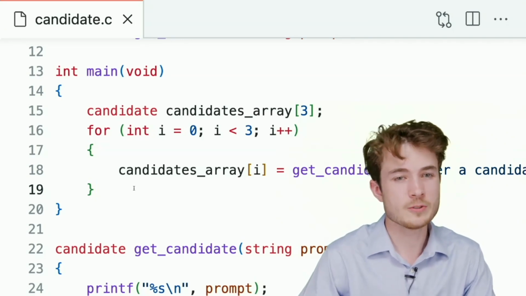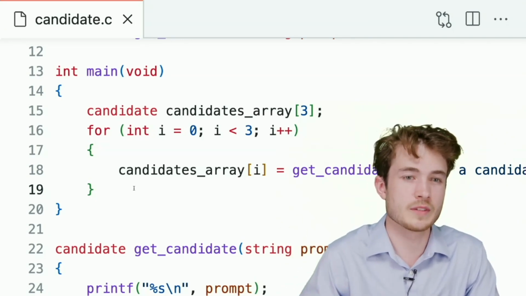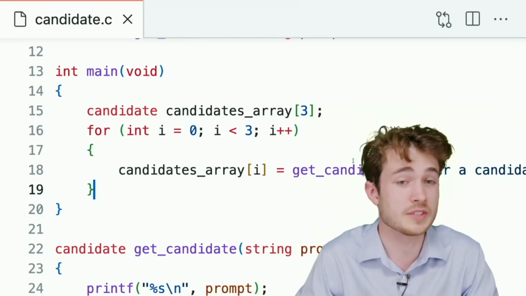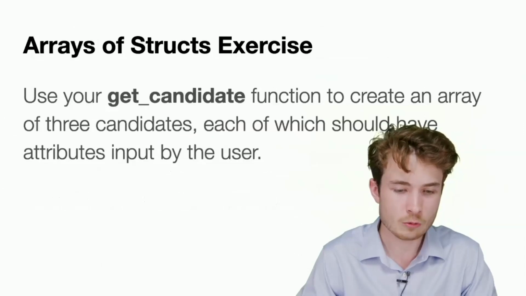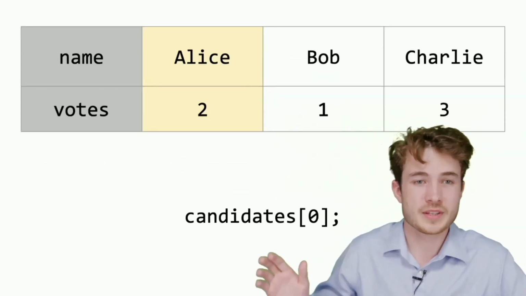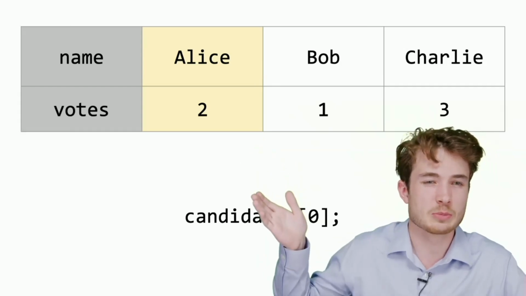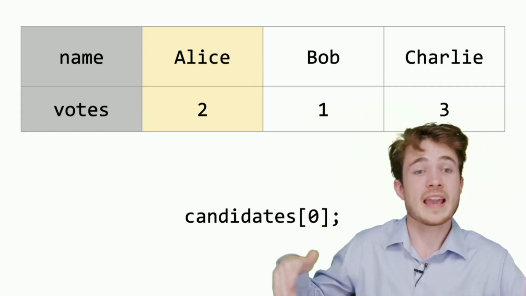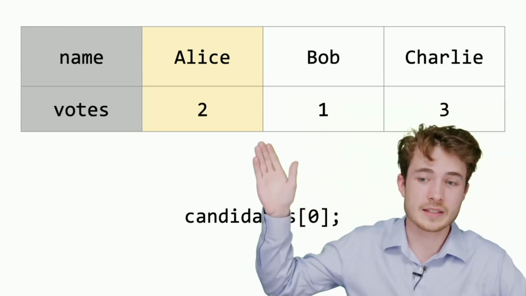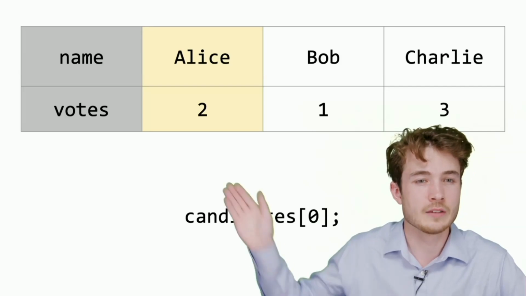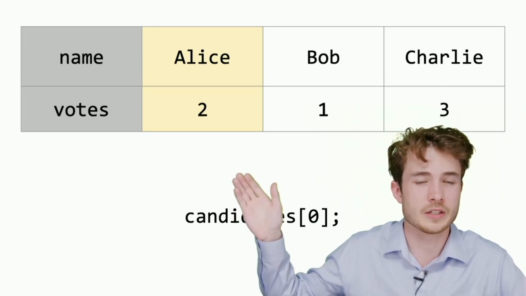Now, to access some of these candidates inside that array, we need some combination of the syntax we've seen before. In the problem set, you'll see maybe an array of candidates like this, with name and number of votes. And to access the candidate as a whole, like Alice as well as Alice's votes, you would just type candidates bracket 0 to get that very first element in this array here.